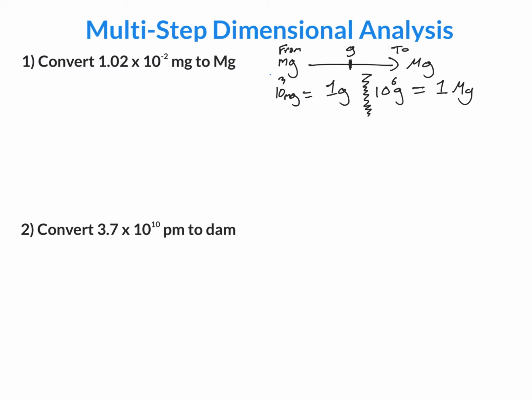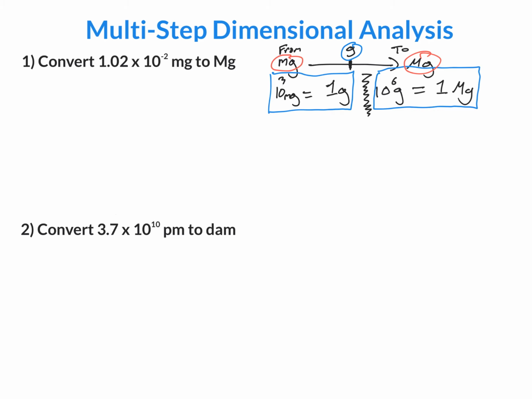So these are our 2 conversion factors. Both of them together will get us to where we need to go. 2 conversion factors act as like a bridge between the two different units of measurement that we need. So to get us between milligrams and megagrams, the bridge is our base unit grams. So we need to use the two conversion factors to get there.